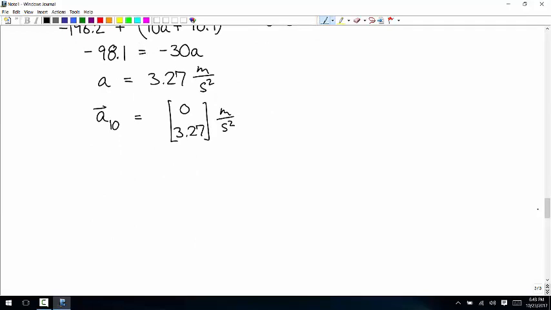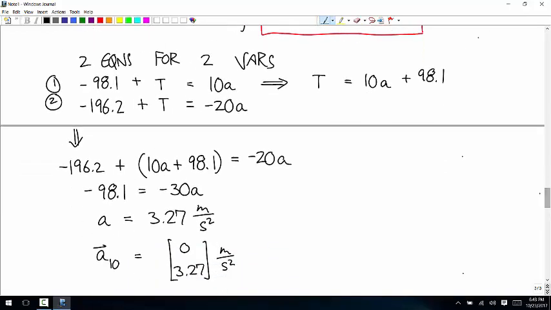And then for t, we can go back to any one of these equations that works out nicely. Let's go with the one right here that has t isolated, so we just have to plug in 3.27 for a.